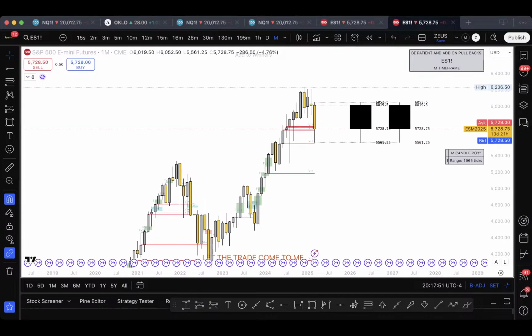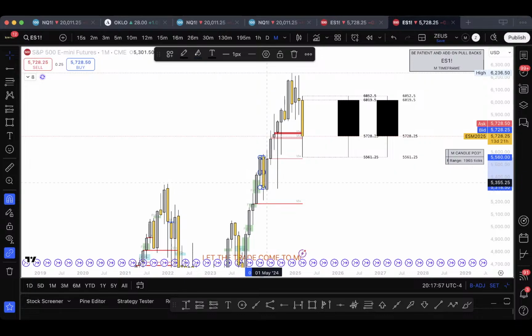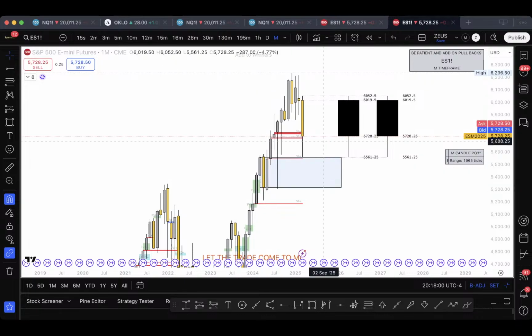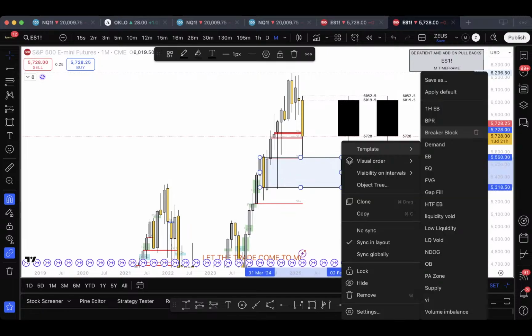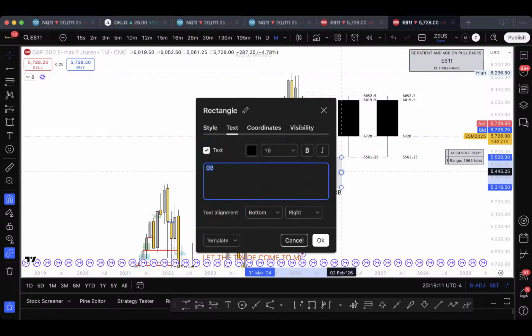Everything we marked out here on NQ is pretty much lining up the same with ES. Same order block back from April. Price looks like it tested it perfectly, but obviously that could be a little skewed considering we do have the contract change.